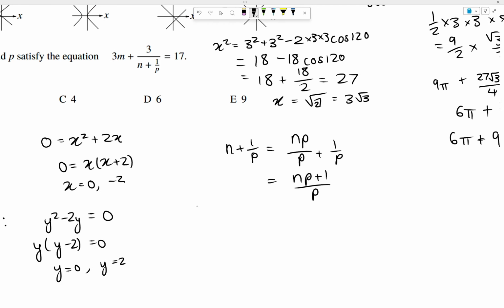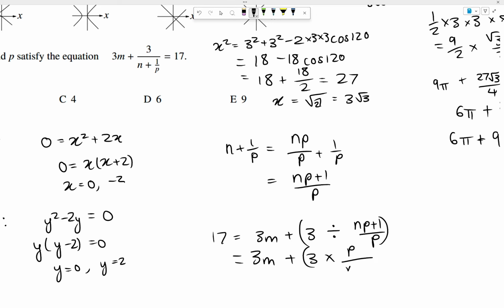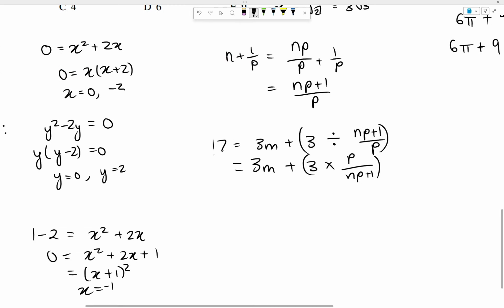So we get that 17 is 3m plus 3 divided by np plus 1 over p, and that is equal to, I'll put this in brackets, 3m plus 3 multiplied by p over np plus 1, and that is 3m plus 3p all over np plus 1.